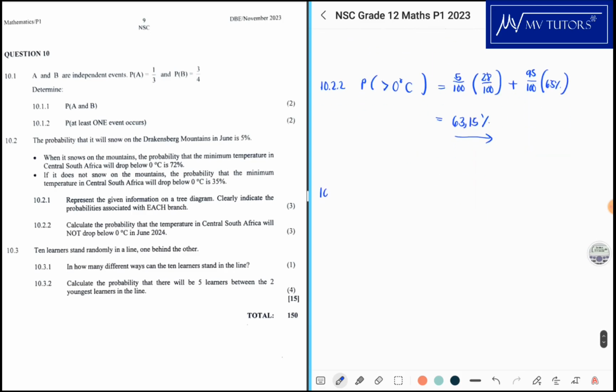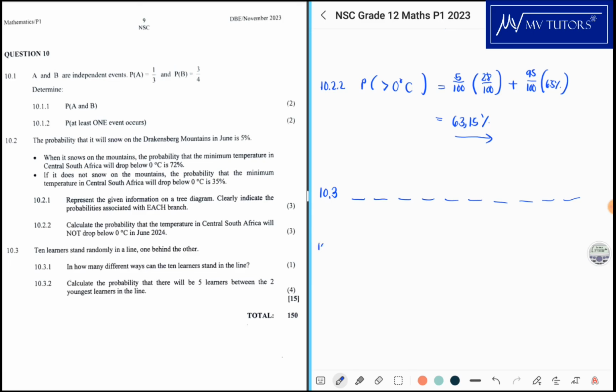And then 10.3. 10 learners stand randomly in a line, one behind the other. So we have 10 students, learners. 1, 2, 3, 4, 5, 8, 9, 10. Now in how many different ways can the 10 learners stand in a line?